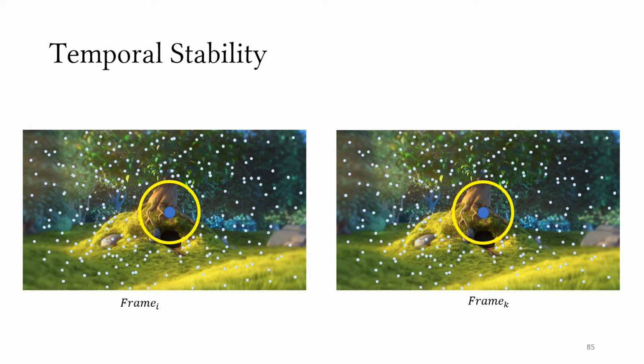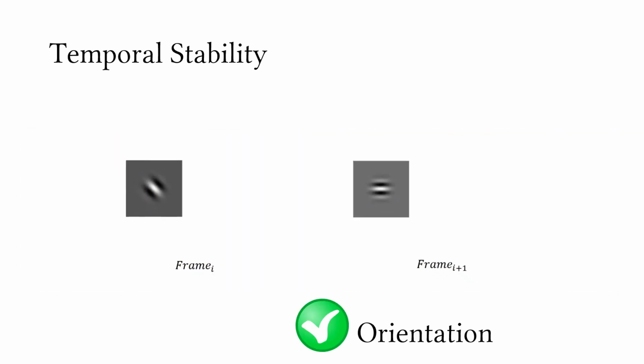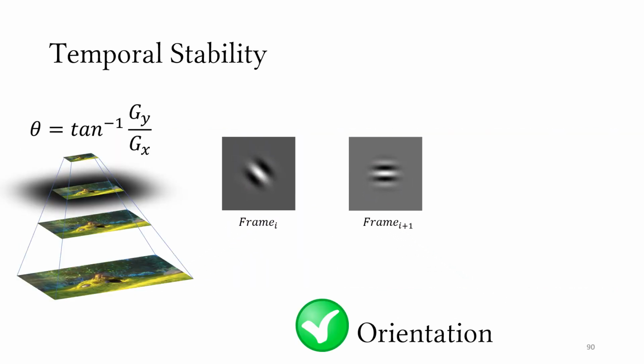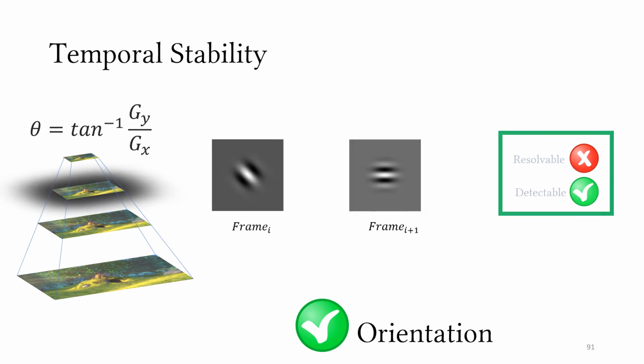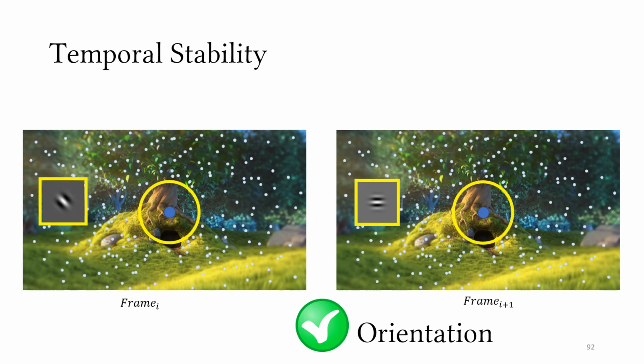Firstly, the impulse locations are kept constant throughout a video sequence, so that the Gabor patches do not shift positions between frames. Regarding the parameters, we observed that the orientations of the corresponding Gabor patches can change between frames. Firstly, because we took care in sampling orientations from a higher pyramid level so that they vary smoothly. And secondly, because our synthesized spatial frequencies are controlled to be not resolvable.